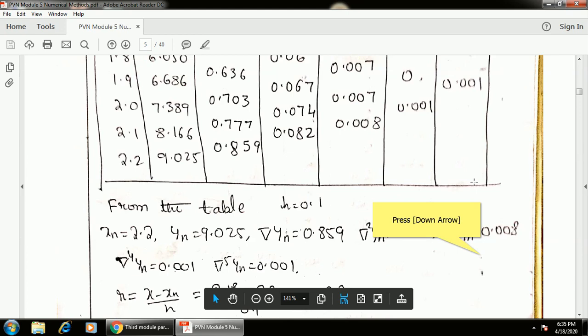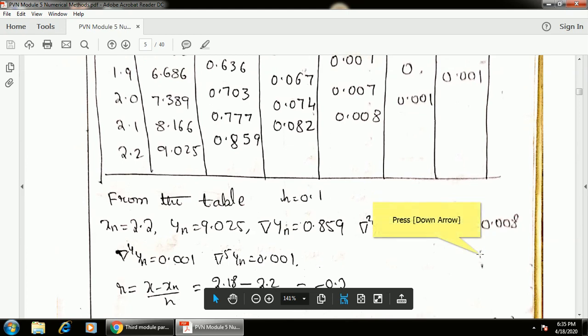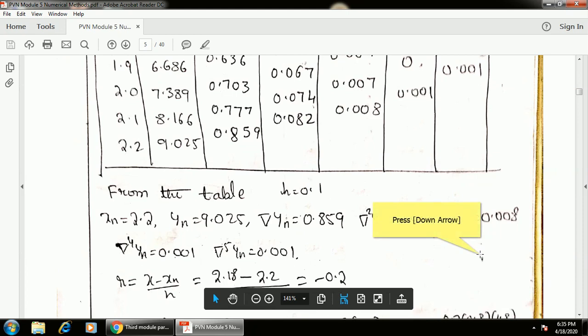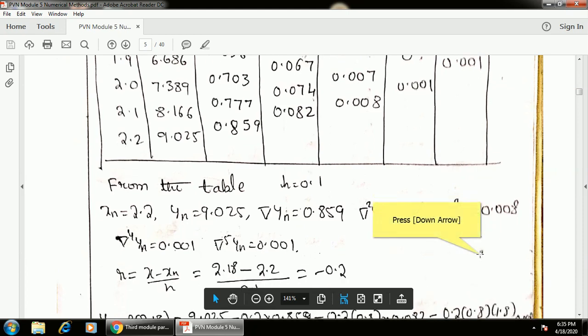Okay, and we need to find r. r is equal to x minus xn by h.